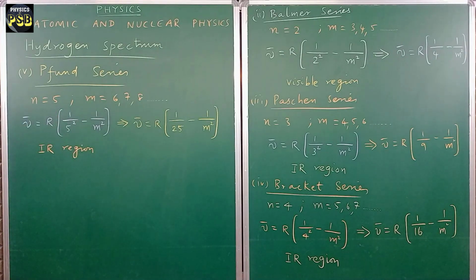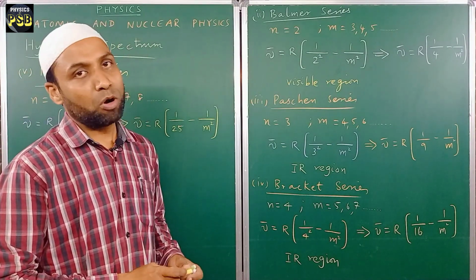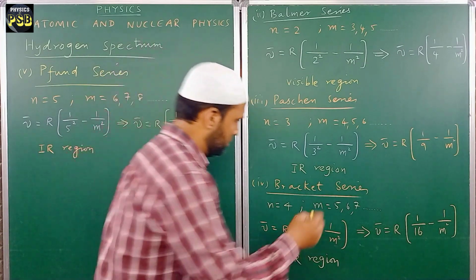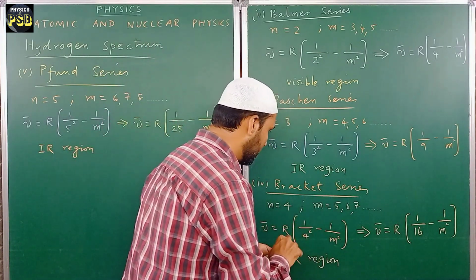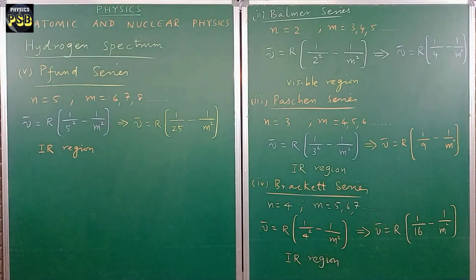Before I conclude, let me write all these things in a table column. I'm going to simplify all these things. Here actually I should mention one more T for Brackett.